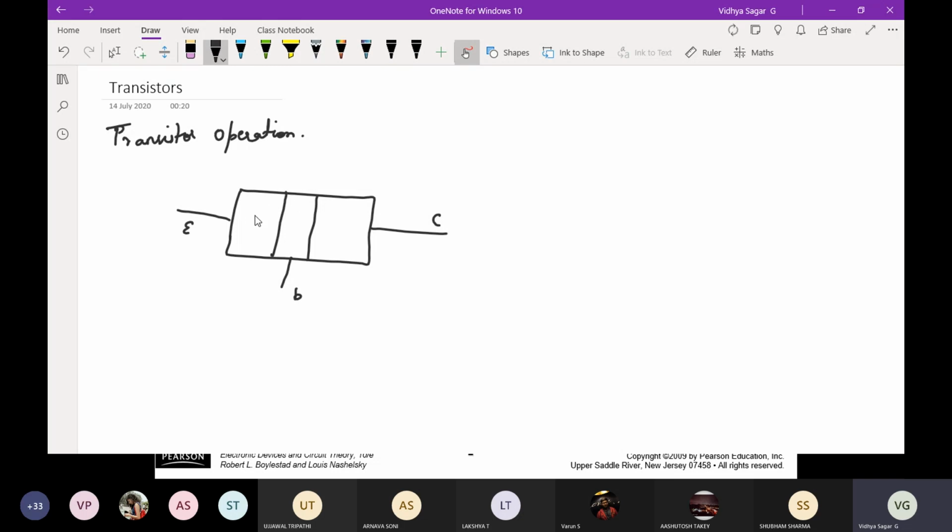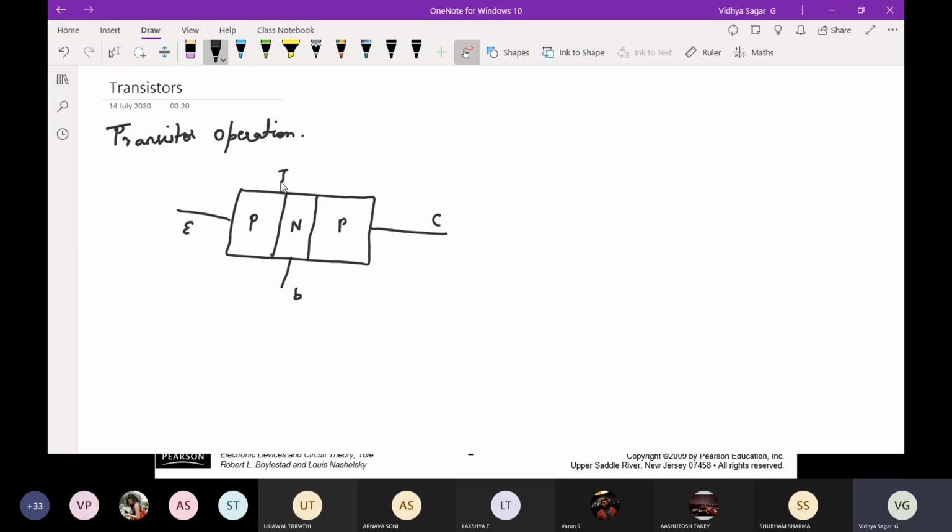How will the flow of charge carriers be present? I'm considering the PNP transistor initially. As you can see, the transistor has three terminals, and we call it a sandwiching of back-to-back diodes.